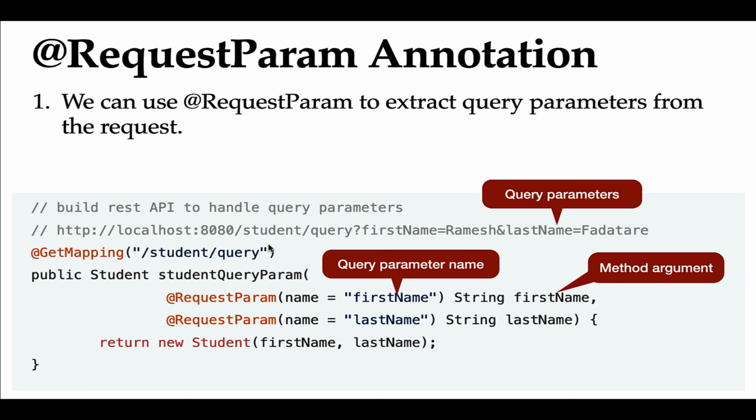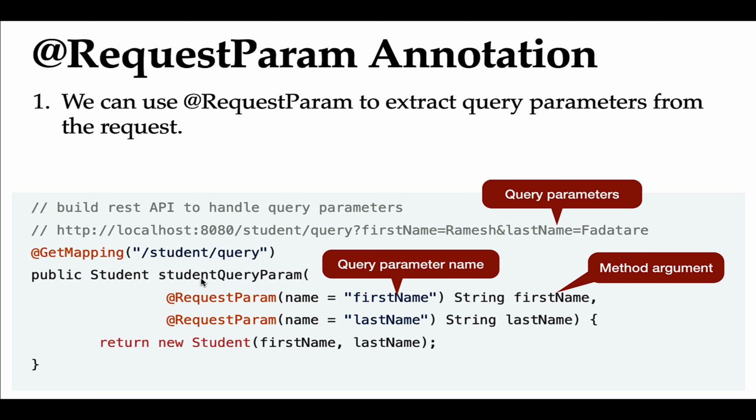Next, look at the code snippet here. This is the REST API that handles this kind of request URL, and the URL contains query parameters like firstName Ramesh, lastName Fadatare. This REST API extracts the query parameter values using the @RequestParam annotation.